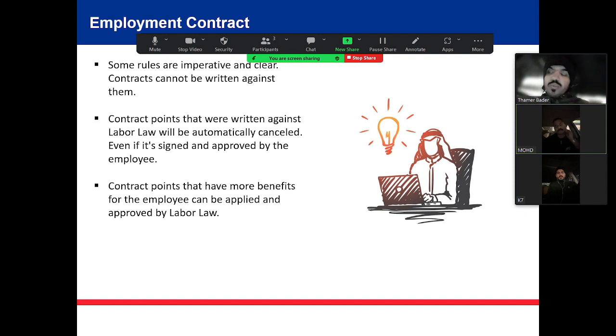Like we said, if one employee was looking for a job and he found an organization that offers 15 days of annual leave, historically, without government engagement, the person would get the job with only 15 days. That's why the government engaged to give rights also to the employees, not only the organizations.